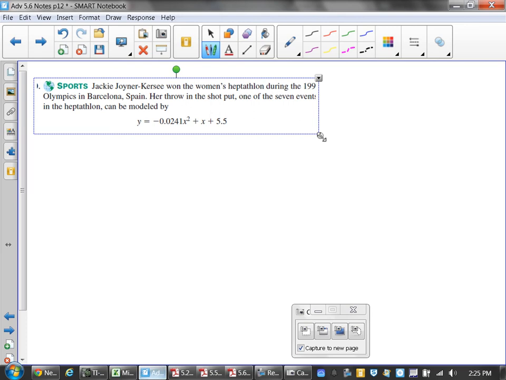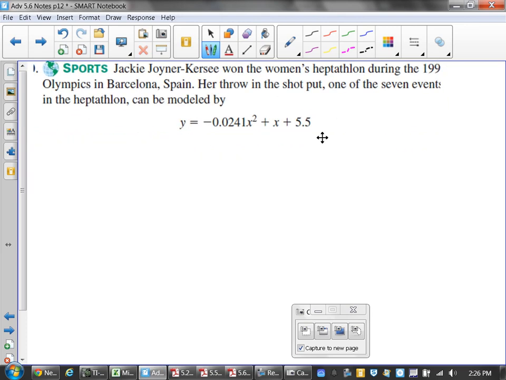So as you go through this, they want to know how far did she throw it? Well, again, you're starting at 0, because it's behind the line, and then you're throwing it so far. She's starting her throw at 0, 5.5 for an ordered pair. That makes sense?